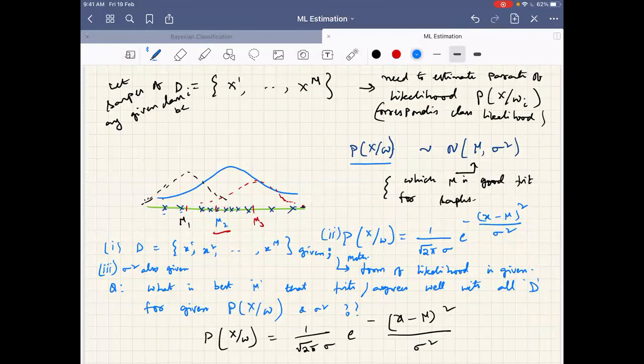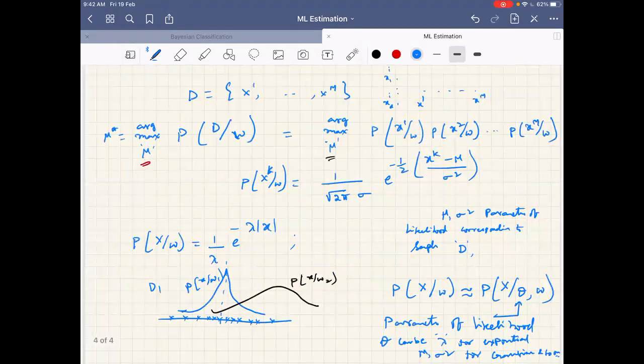That means finding the parameters of the likelihood from samples. That's what we are discussing here.